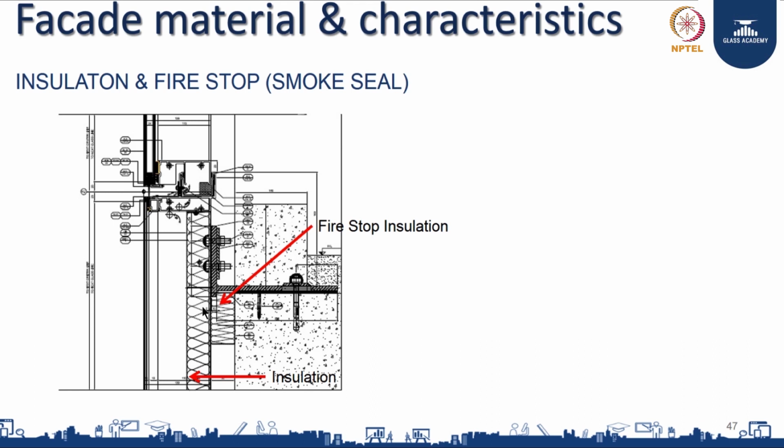It means they don't let heat travel through them, because it's a non-combustible and non-transferable material. It doesn't transfer heat, so it's a good heat retardant as well. So your smoke seal and fire stop play a crucial role in your design, and it has to be done properly. Otherwise, in case of an eventual accident on a floor below, the whole building will be going for a toss.